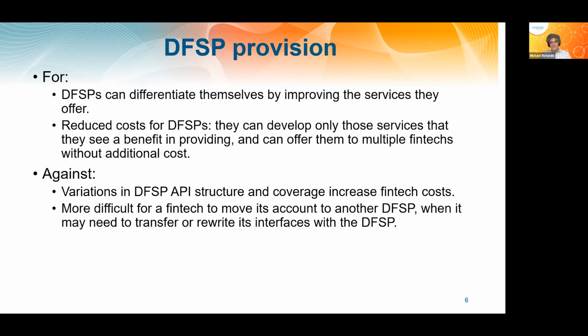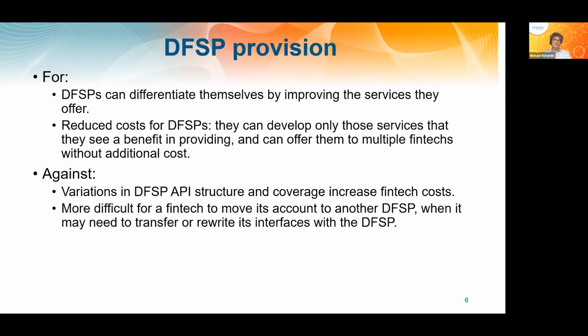On the other hand, there are variations in DFSP API structure and coverage, and those will increase the costs for fintechs. It would be nice to think that the open banking APIs for all financial institutions were like each other. Unfortunately, at least in my experience, that's not the case.